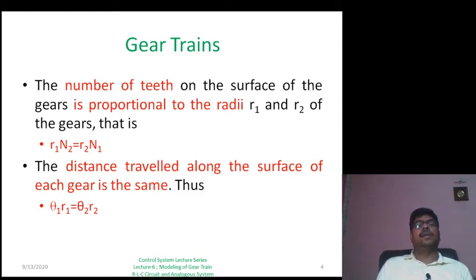So we can have a relationship that R1 upon R2 will be equal to N1 upon N2, or R1 N2 will be equal to R2 into N1. The distance traveled along the surface of each gear will be the same. So that gives the relationship theta 1 R1 equal to theta 2 R2.